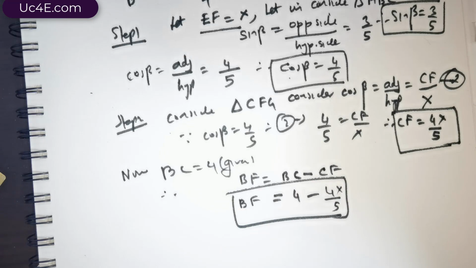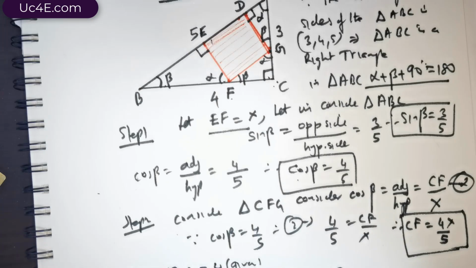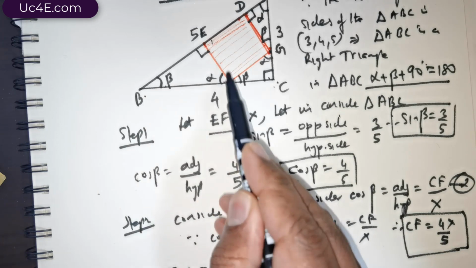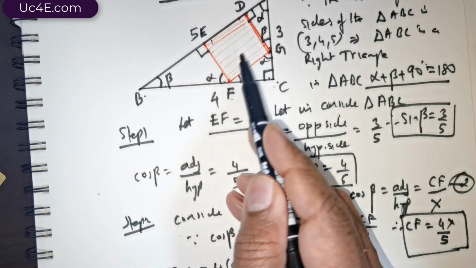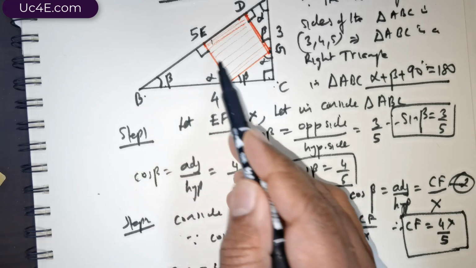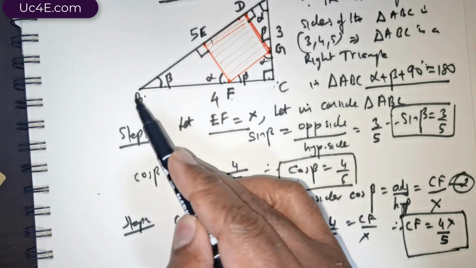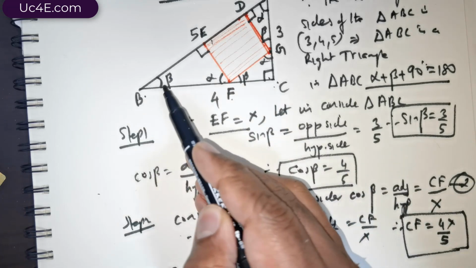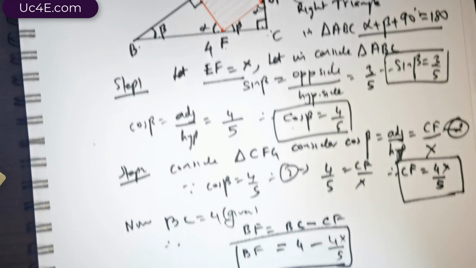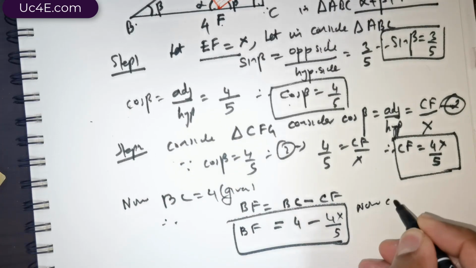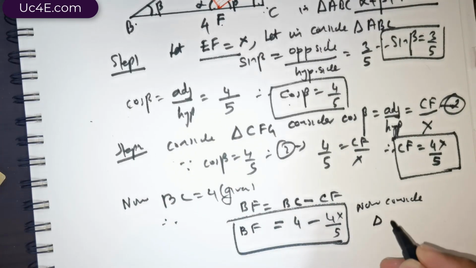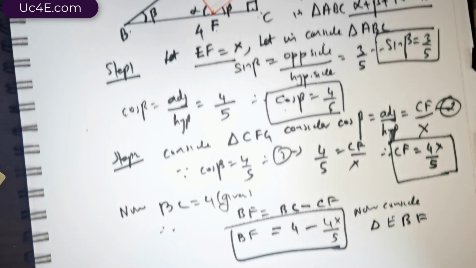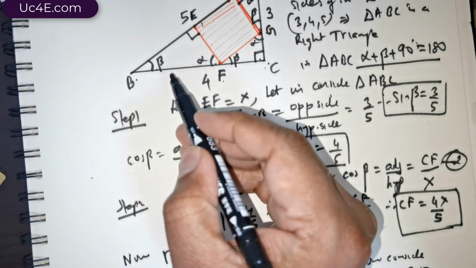Now the next step is, I'm going to consider the triangle BFE, or you can state it as EBF, because I'm looking for this angle beta. Now consider triangle EBF, and from EBF I'm going to take sine beta.